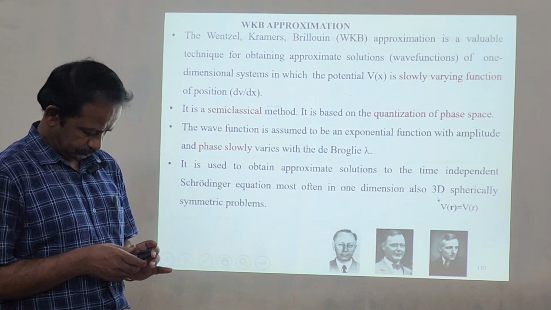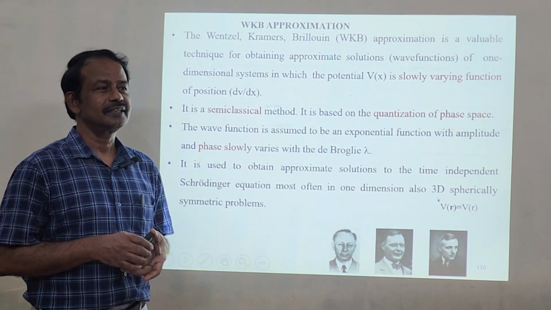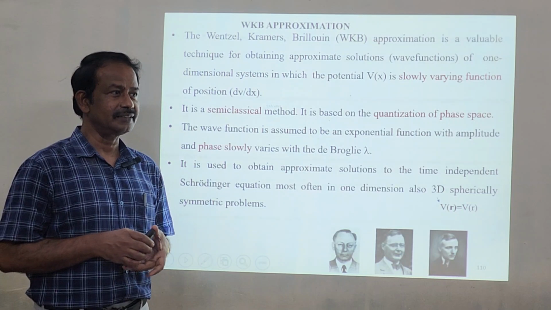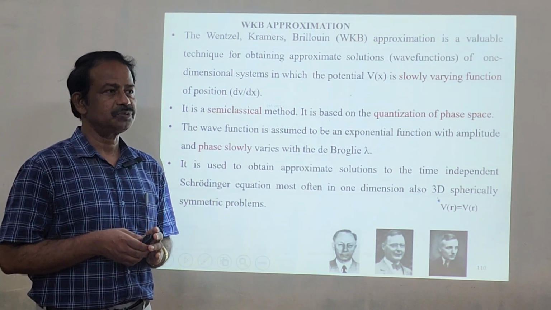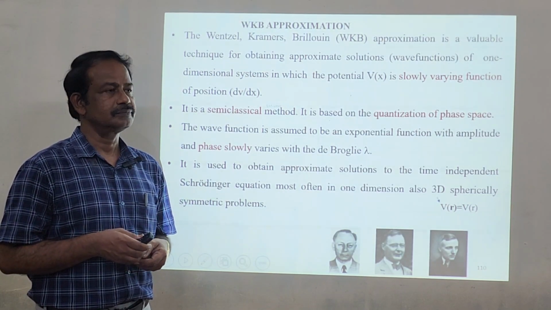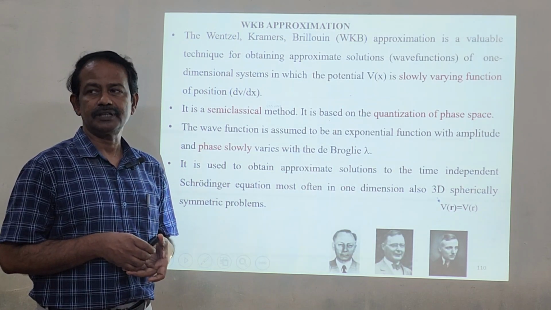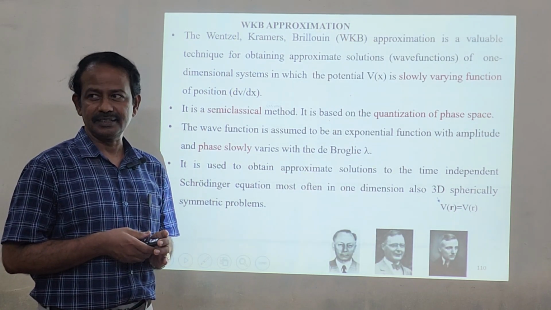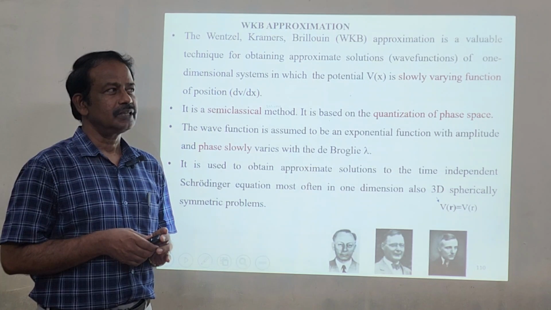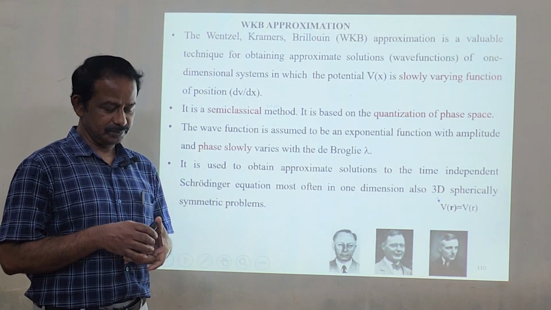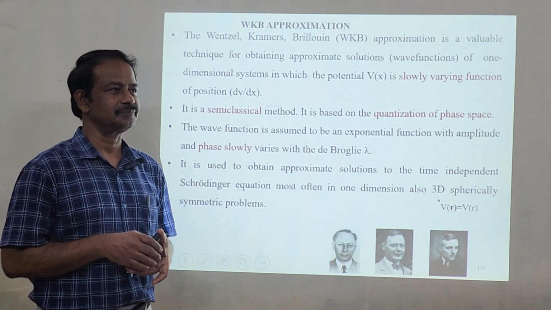Good morning, students. In the earlier classes, we learnt about the ideal systems, for which we obtained the solutions of wave functions and the energy eigenvalues. We solved the exact method of the Schrodinger equation.